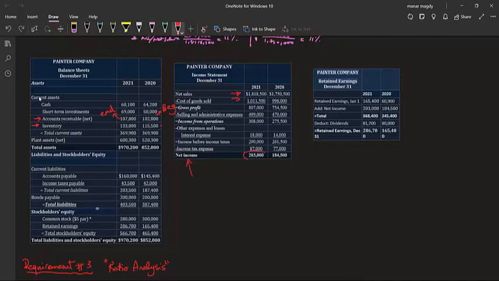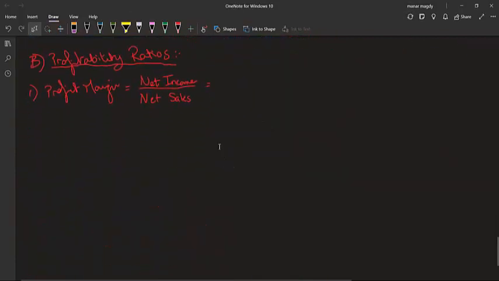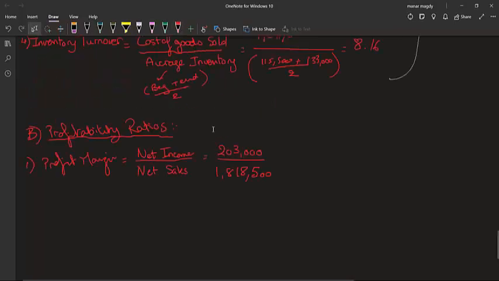Net income 203 and the net sales 1,815. So 203 net income divided by 1,818,500 net sales.